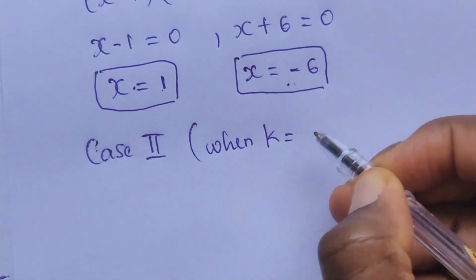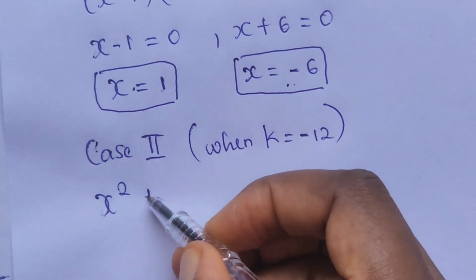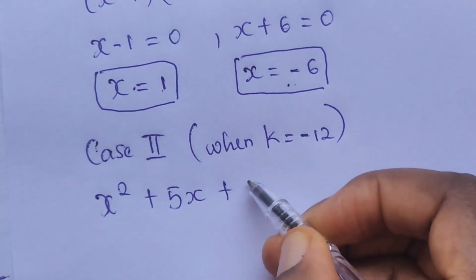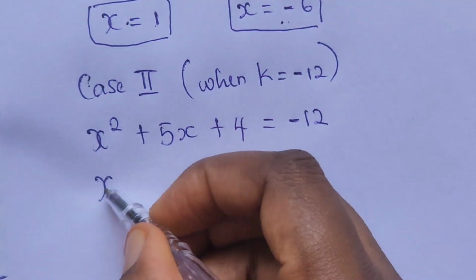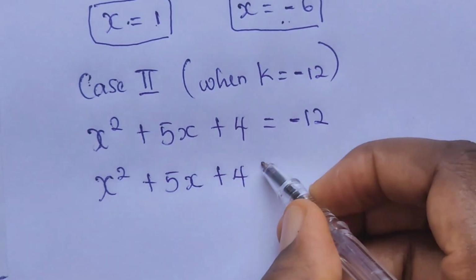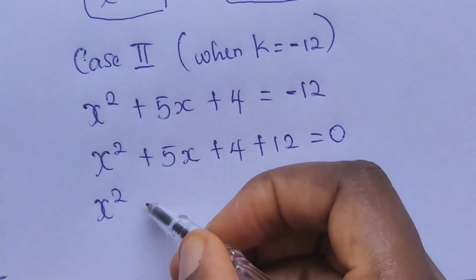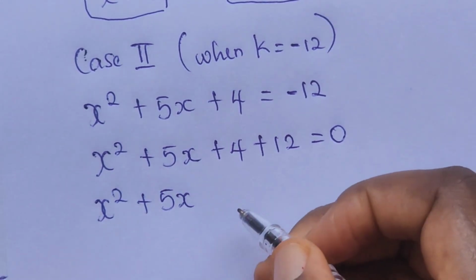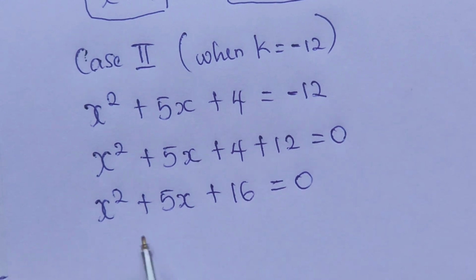When k is equal to minus 12, we have x squared plus 5x plus 4 equal to minus 12. We have x squared plus 5x plus 4 plus 12 equal to 0. So we have x squared plus 5x plus 16 equal to 0. So let's resolve this quadratic equation, but let's check our discriminant.